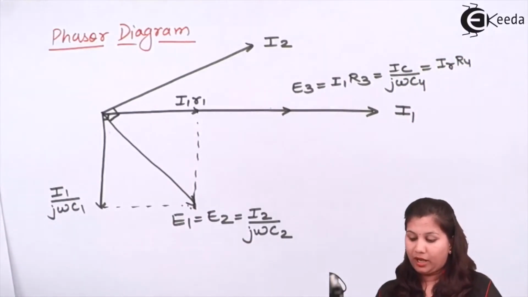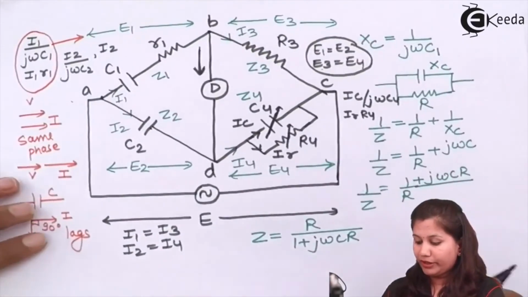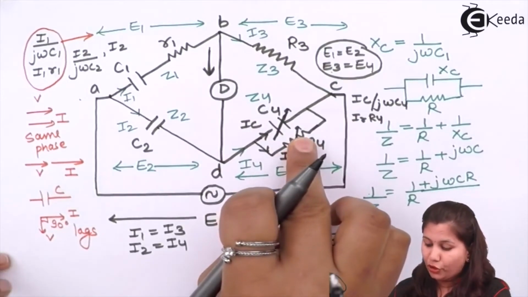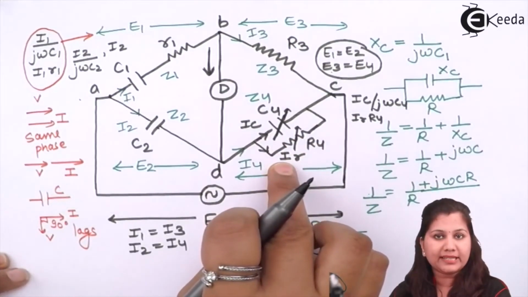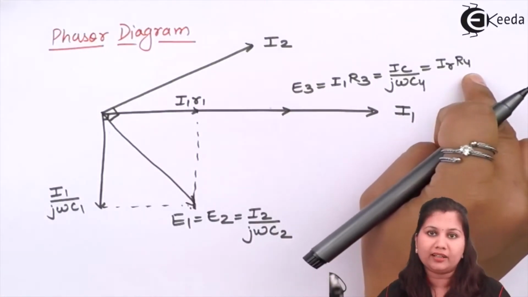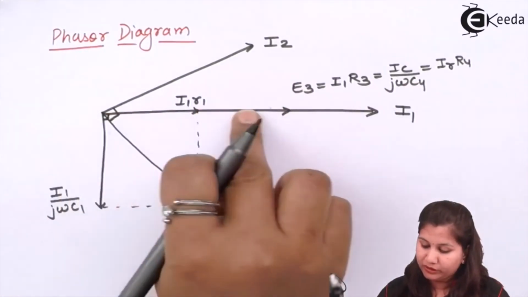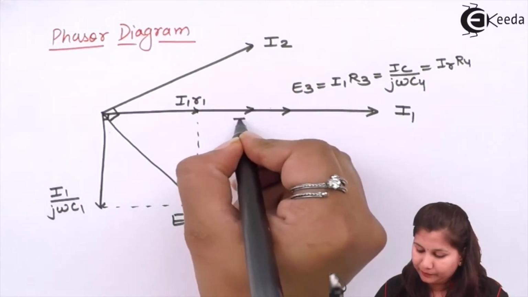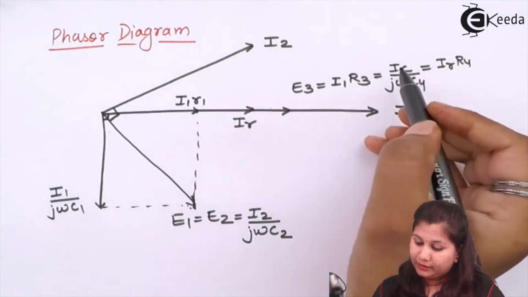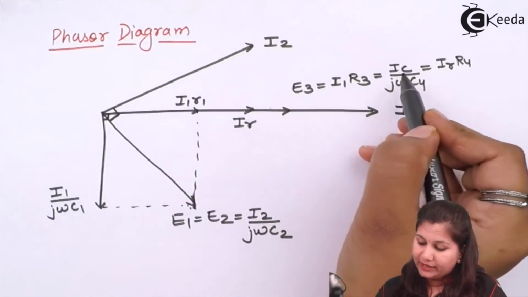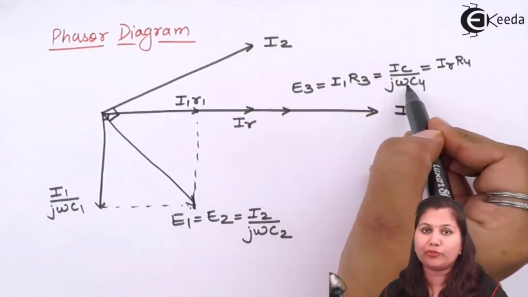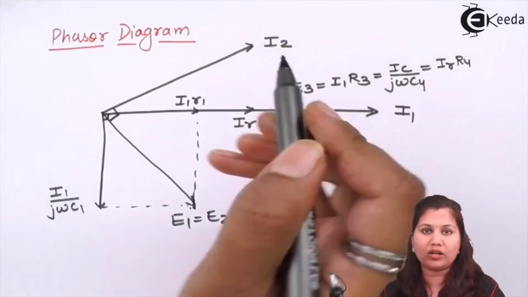So E3 we have drawn here, so it will be equal to IC upon j omega C4. Also it is equal to IR R4. Now IR R4 is the voltage drop across this resistance, so the voltage drop and the current will be in the same phase with each other. The voltage drop we have already drawn, IR R4, so IR will be on the same line. The voltage across this capacitor is IC upon j omega C4, and the current is IC.